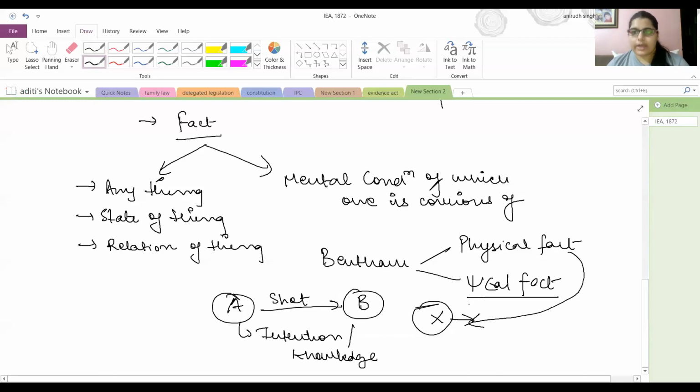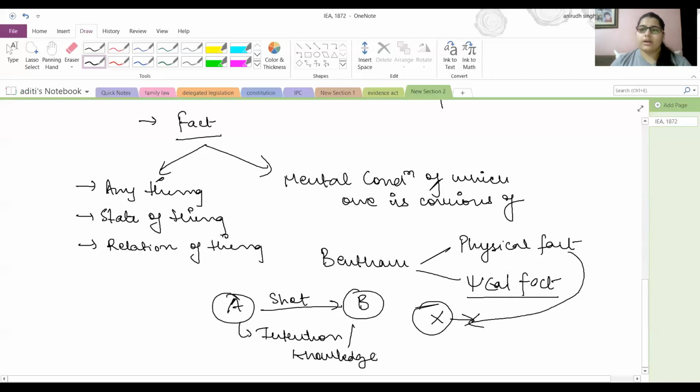Intention can only and only be analyzed by the execution of an overt act or by the external manifestation. Whatever external act you are doing, by that only can the person perceive the intention of that person, right? So your intention, your knowledge, your good faith, everything, these come into the category of your psychological facts.